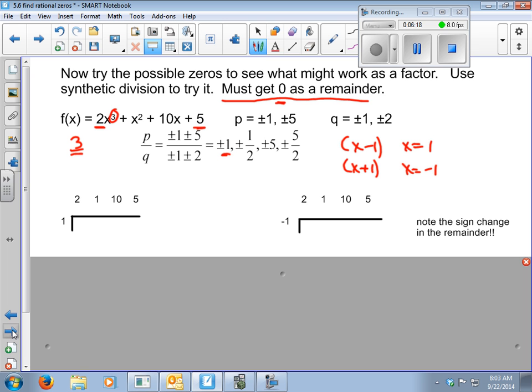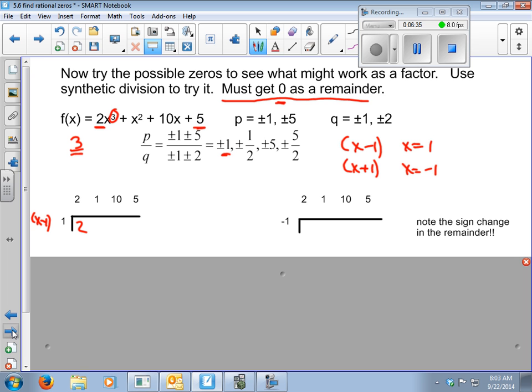So just remember the difference between what the solution is and what the factor is that it comes from. If I try x equals 1 first, that means I'm actually using it as the factor of x minus 1.